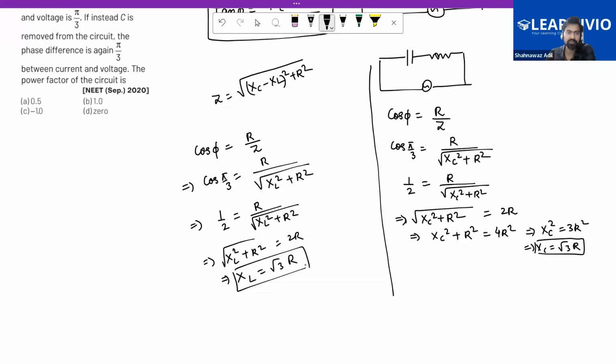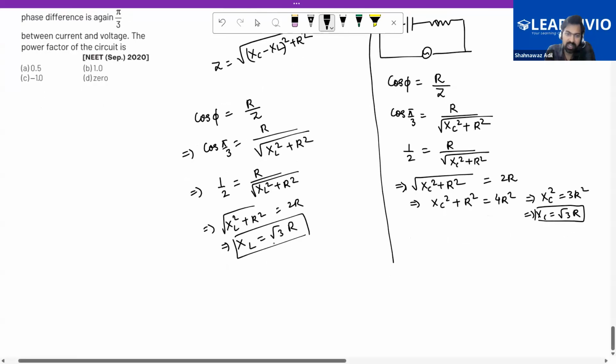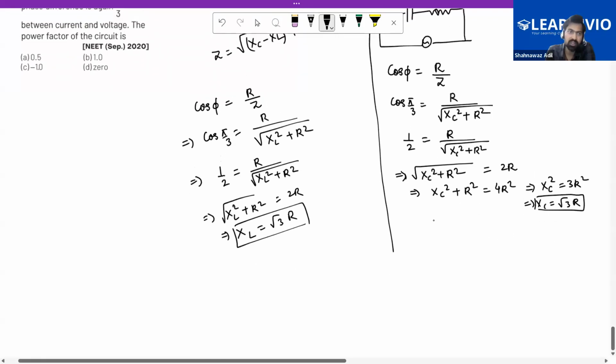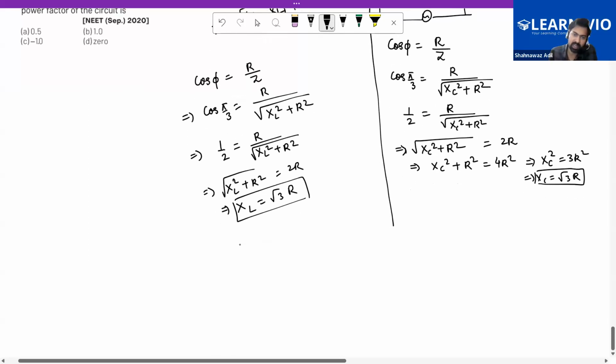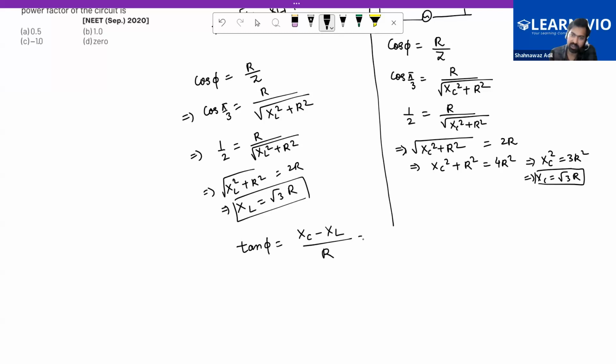Right. So XL is root 3 R, and XC is again root 3 R. So what would be the power factor? If we calculate the phase angle, tan phi is XC minus XL divided by R. XC is root 3 R, XL is root 3 R, divided by R. This cancels and this becomes 0.